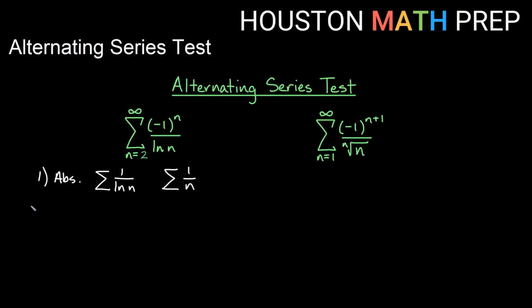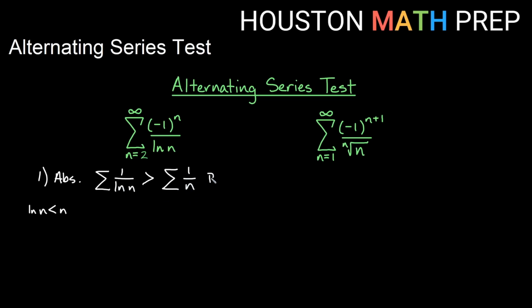And think about why I'm doing that. If I compare just plain ln of n to n, and I say which one has bigger growth, well, this is logarithmic growth, this is polynomial growth. So really, n is going to grow more quickly than ln of n. So this series, because these are reciprocals, we're going to have the opposite direction of inequality. So the partial sums of this sum will be larger than those of this sum.